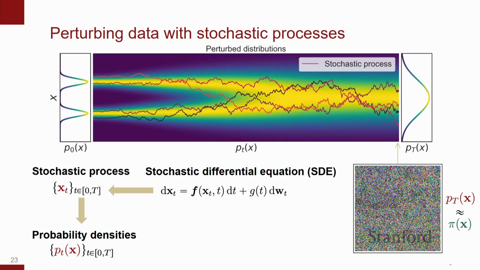And so what you're saying is that over a small time interval dt, x changes by an amount which is determined by some deterministic drift and some small amount of noise that you basically add at every step.